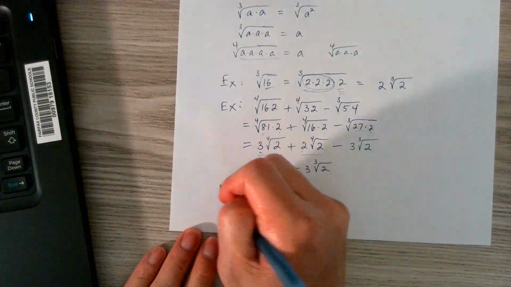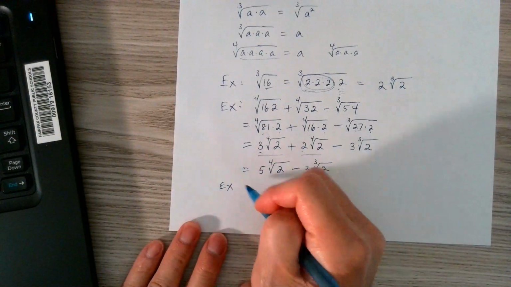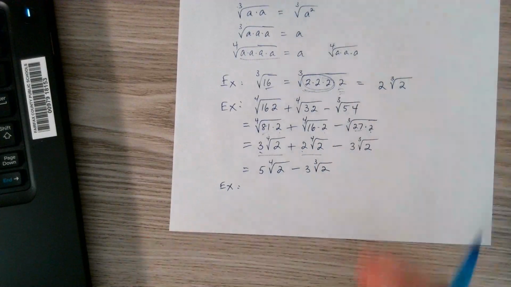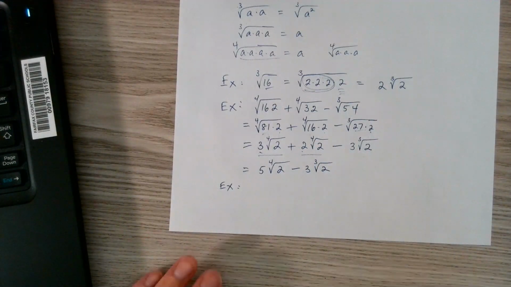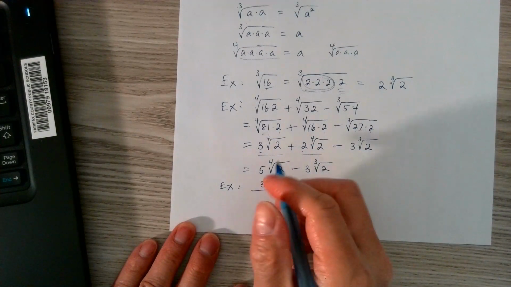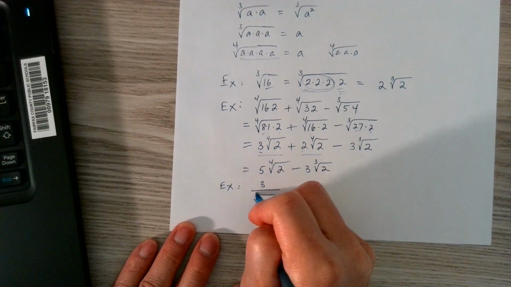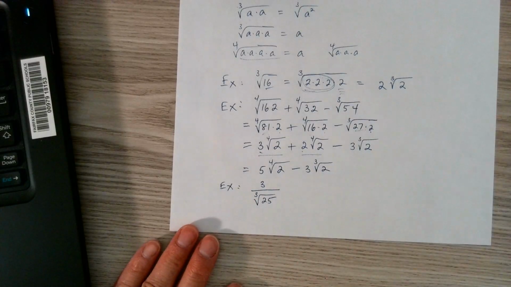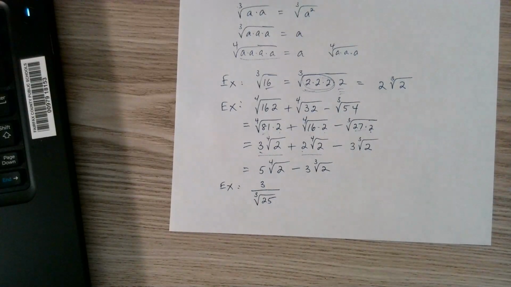Okay, last example involves a fraction, and in the last video we talked about rationalizing denominators, so you should already know that we are trying to eliminate the radical from the denominator. But be careful here because the denominator is not square root of 25, it is cube root of 25.